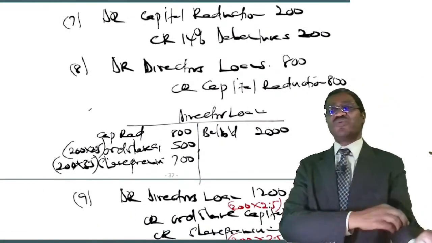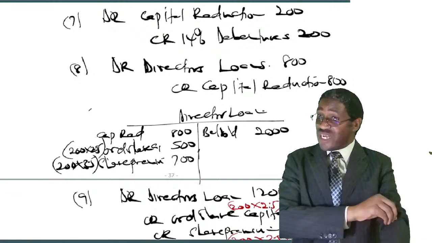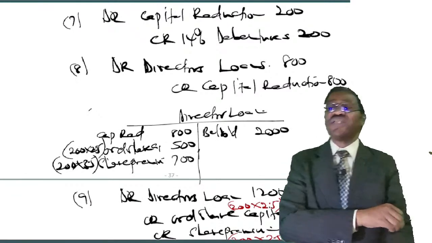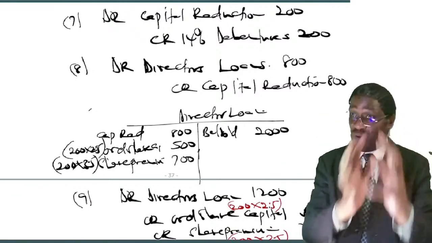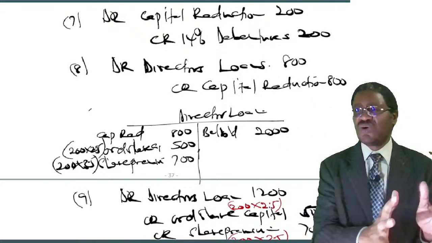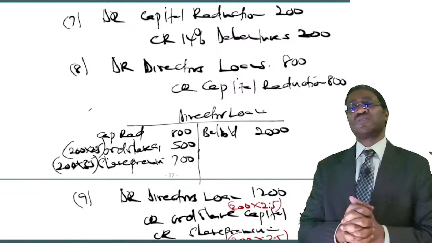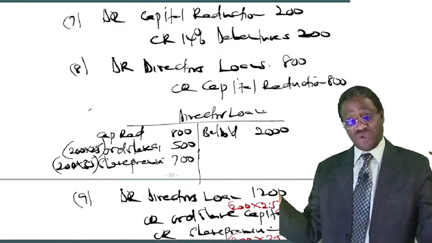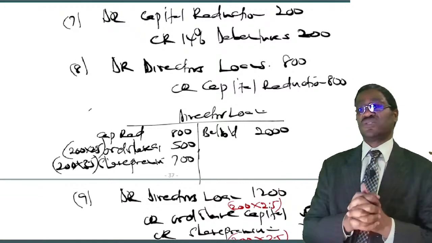Number 8 is the one we have just finished with, about the director's loans. And we have said they agreed to write off 800. Fine. So debit director's loans, credit capital reduction. That's a gain to us.